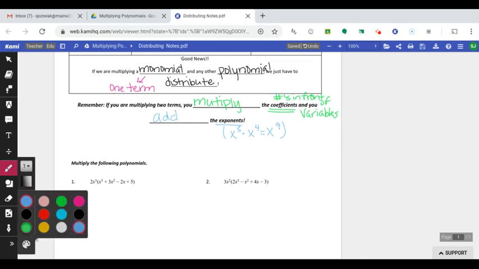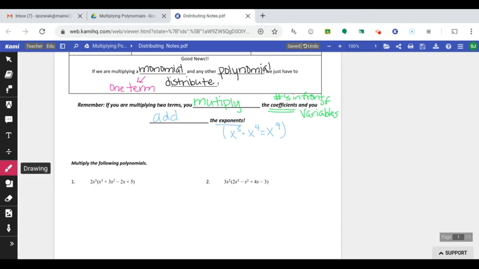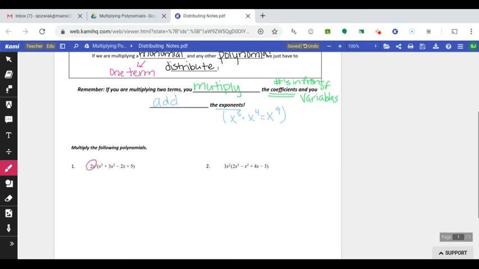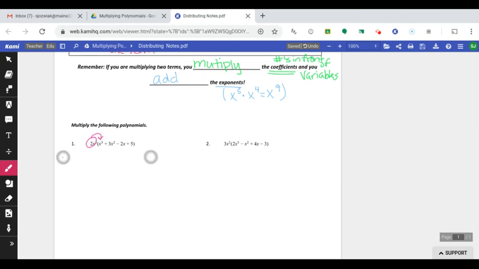All right, so let's take a look at what this really looks like in an example. We're going to take this monomial that's in front, this 2x to the third, and we're going to distribute it inside. We're going to do this one step at a time. I'm going to take this 2x to the third and multiply it by x to the third power.